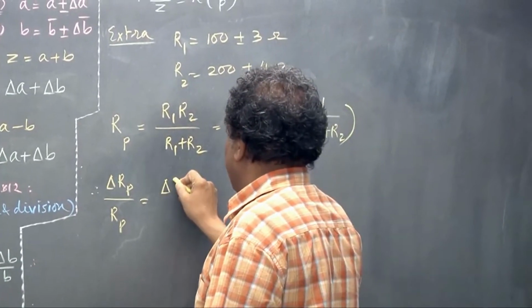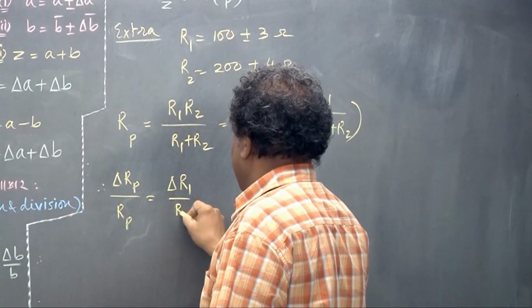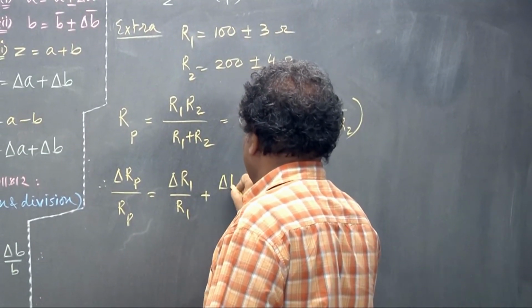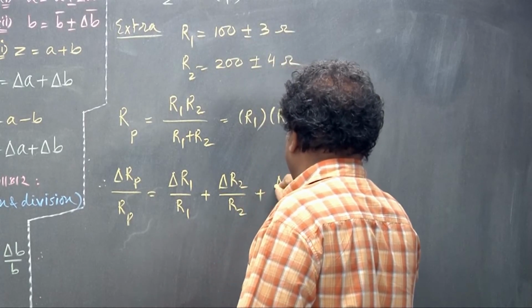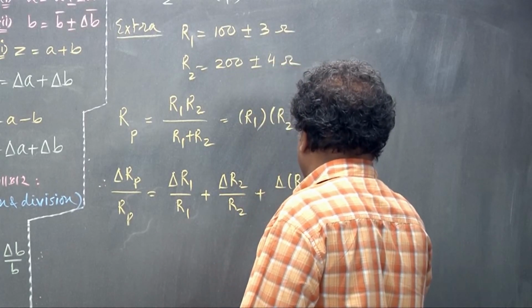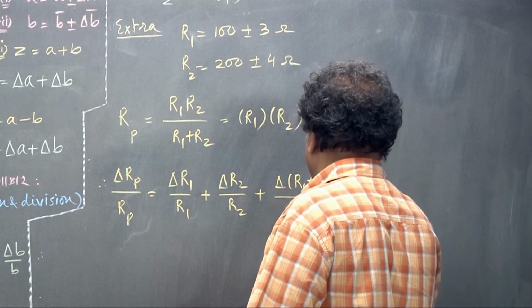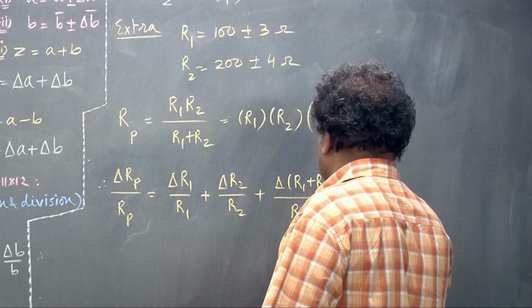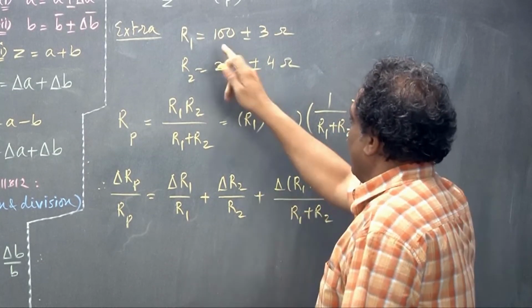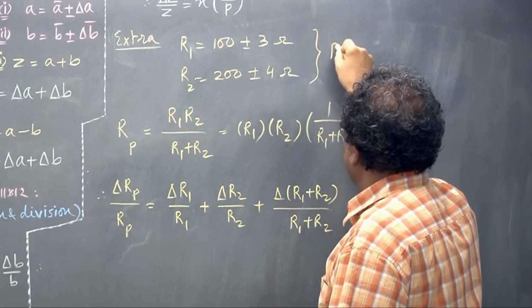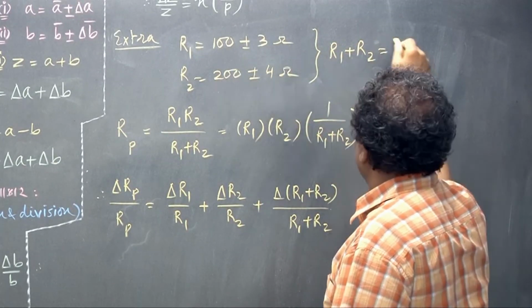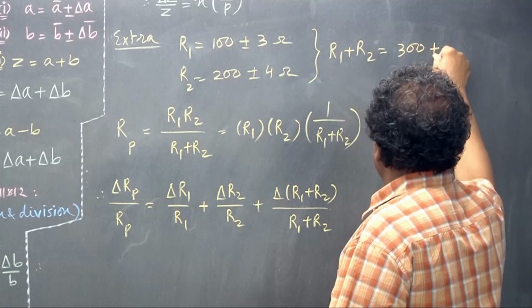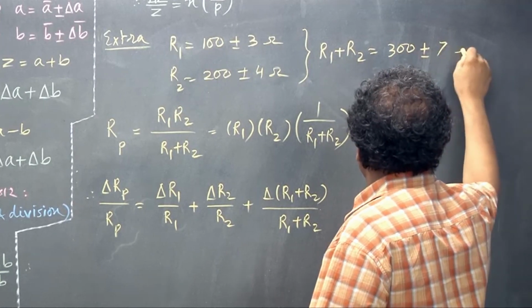Same way here. Delta R1 upon R1 plus delta R2 upon R2 plus delta of R1 plus R2 upon R1 plus R2. Correct? And from this you had found out R1 plus R2 was 200 plus 100, that is 300, plus or minus 7.